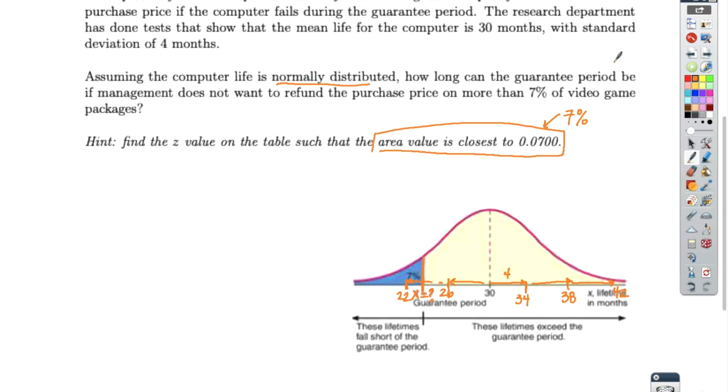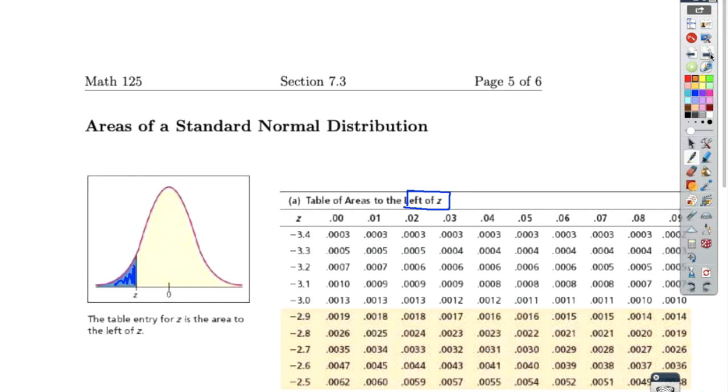Okay, so here's what we know so far. Mu equals 30, sigma equals 4, and we want to find area closest to 7%, or in other words, 0.0700. I'm using 4 decimals here because that's what happens in the table.